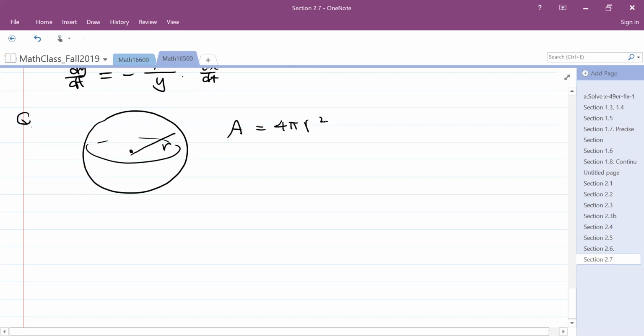Pi actually comes from the area of the circle, pi r squared. Pi is a special number.